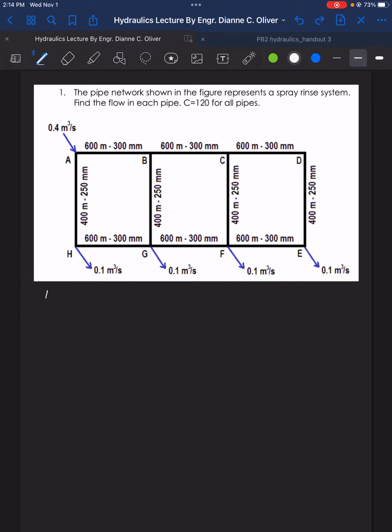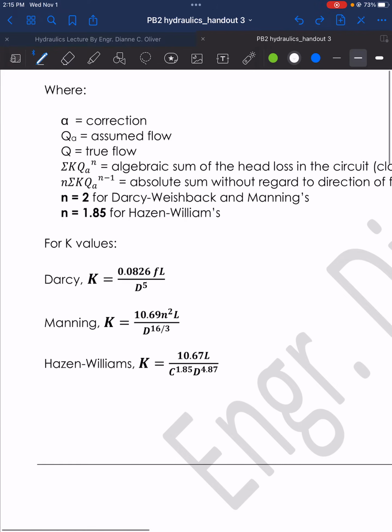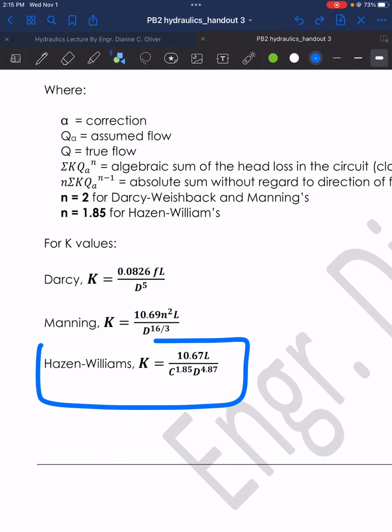So using the Hazen-Williams formula, we have our K value equal to 10.67 times L. So as we can see here from our formula, for Hazen-Williams K, we're going to use that formula.